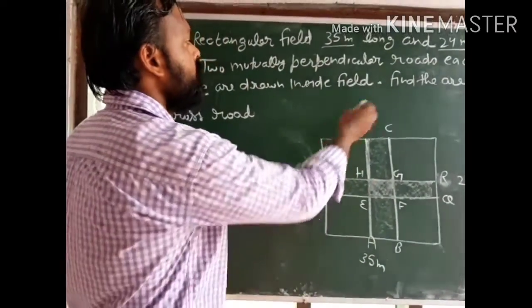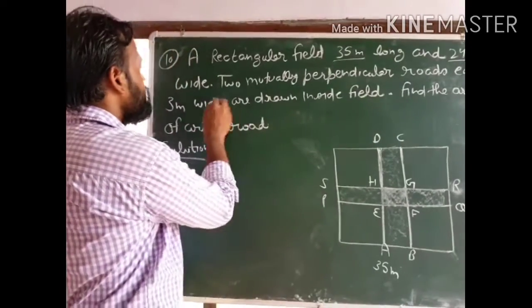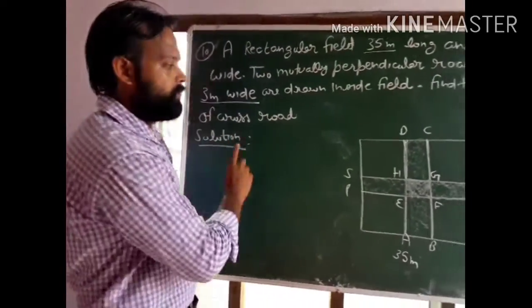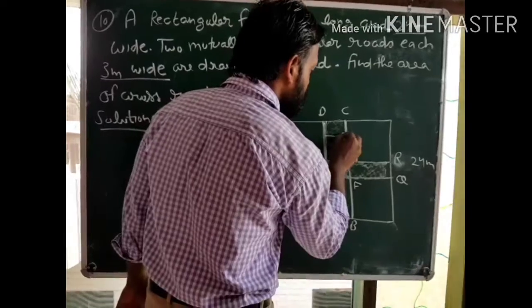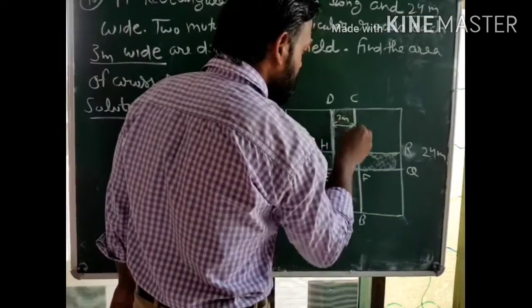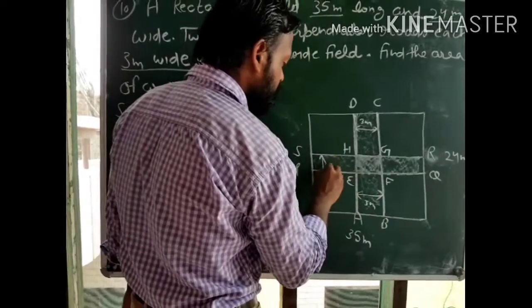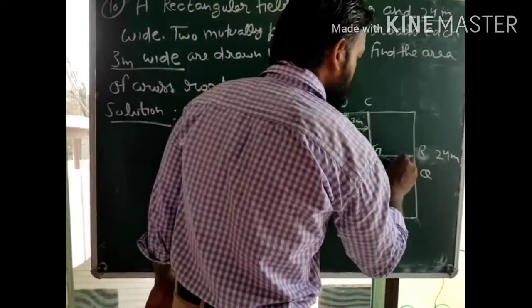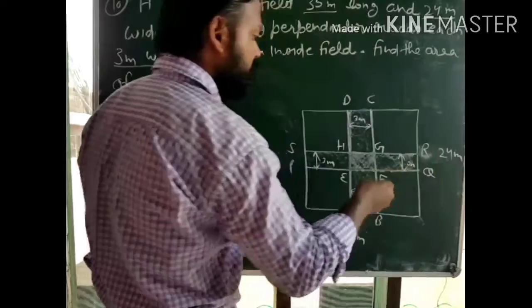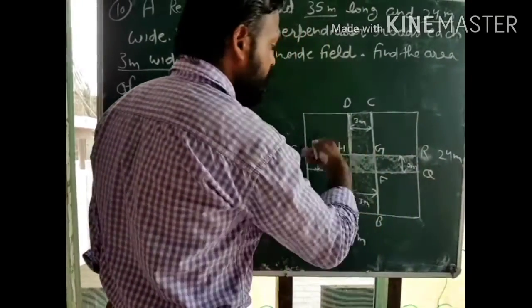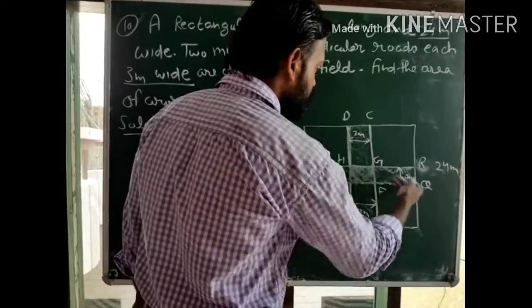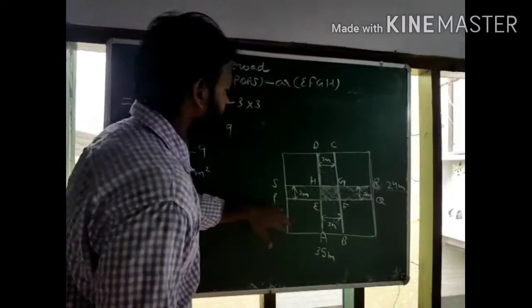Now the next thing is, you can see the road is 3 meter wide. Here 3 meter you can take, here 3 meter, and also here is 3 meter. So throughout the road the width of this road is 3 meters. Okay, now you can see how we can find out the area.